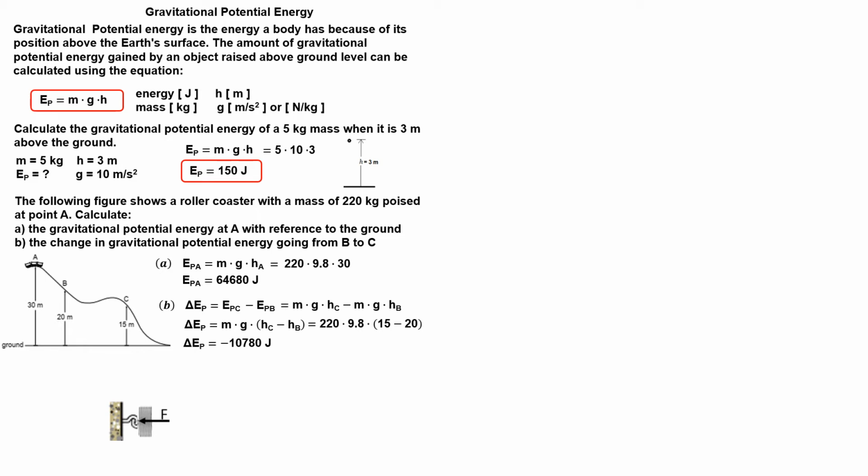We do work against the spring force, and that work ends up stored as elastic potential energy. The energy is stored until the force is removed and the spring goes back to its original shape, doing work in the process.